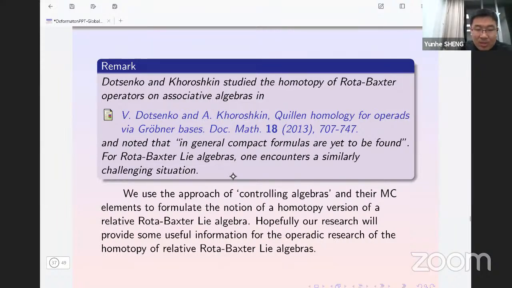Nevertheless, we use the approach of controlling algebras and their Maurer-Cartan elements to formulate the notion of a homotopy version of a relative Rota-Baxter Lie algebra. So hopefully, our research will provide some useful information for the operadic research of the homotopy of relative Rota-Baxter Lie algebras.